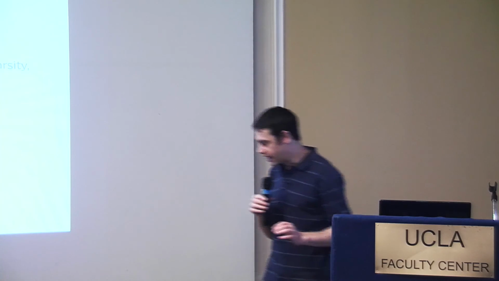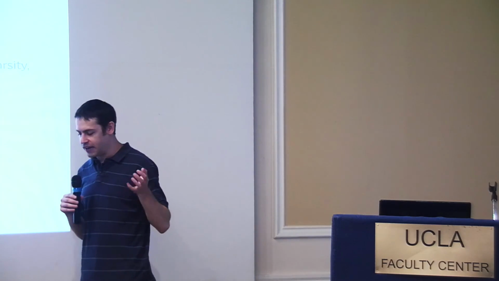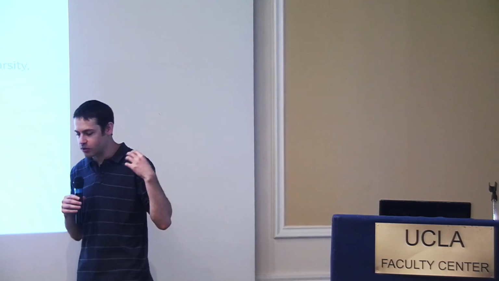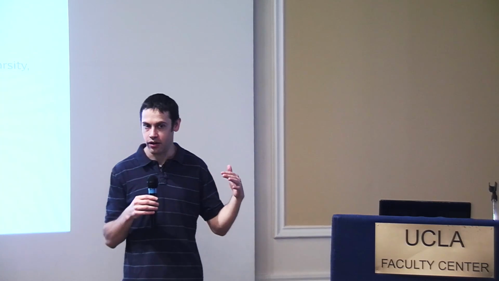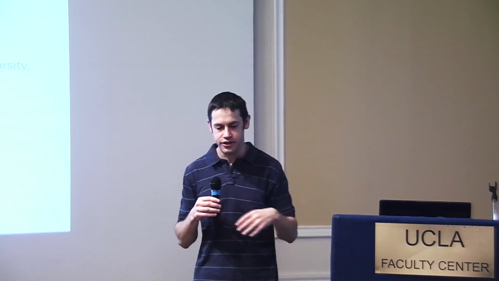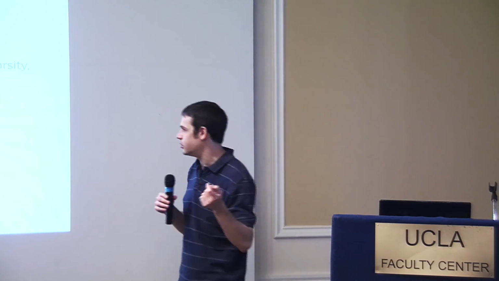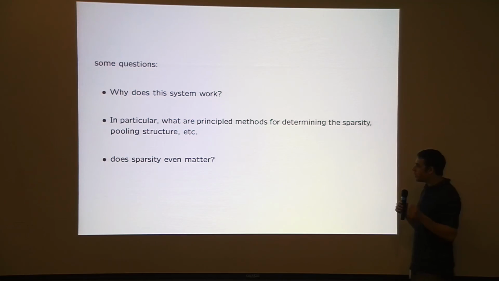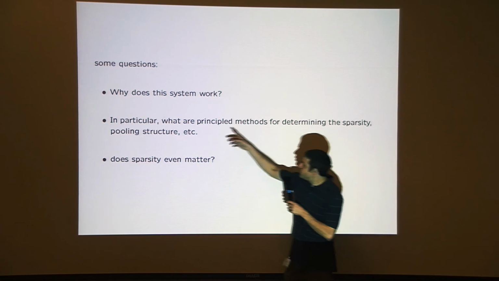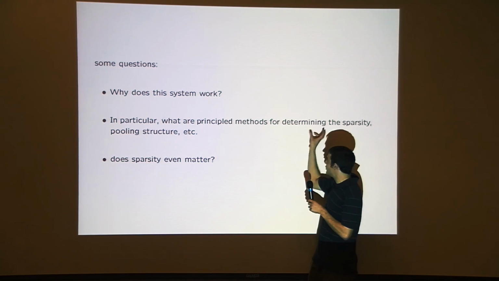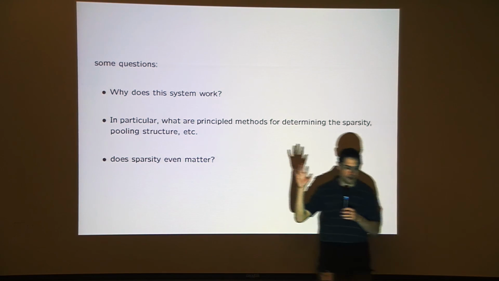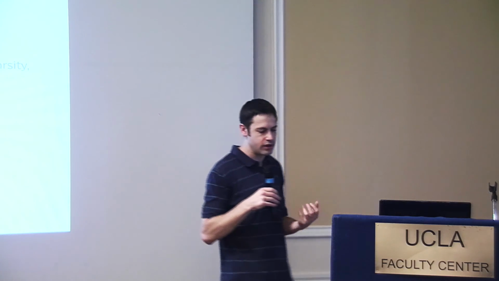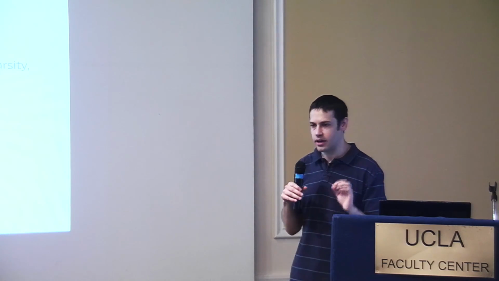I want to end with saying that, to the extent that it's working, we don't understand why at all. And I think a lot of the questions about the geometry that I talked about in the previous talk matter for that. But we also don't understand, when we use this in learning structures, there's always pooling involved. And we don't understand the interaction very well with the pooling either. So I'll stop there.